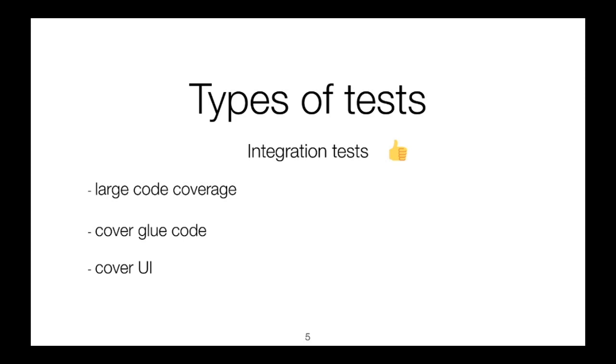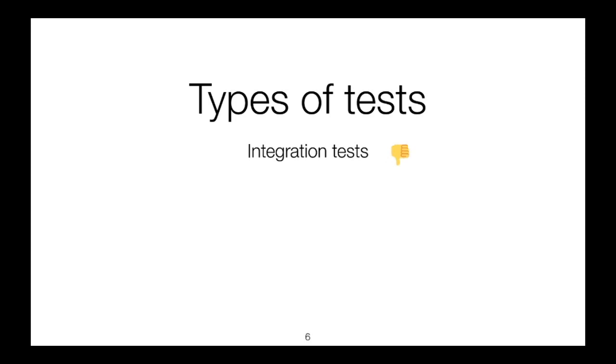On the downside, we have a complex setup. Compared to just instantiating an object, we often have to prepare data in a particular shape, stage all manner of subsystems to be in a particular state, and then we run our test.